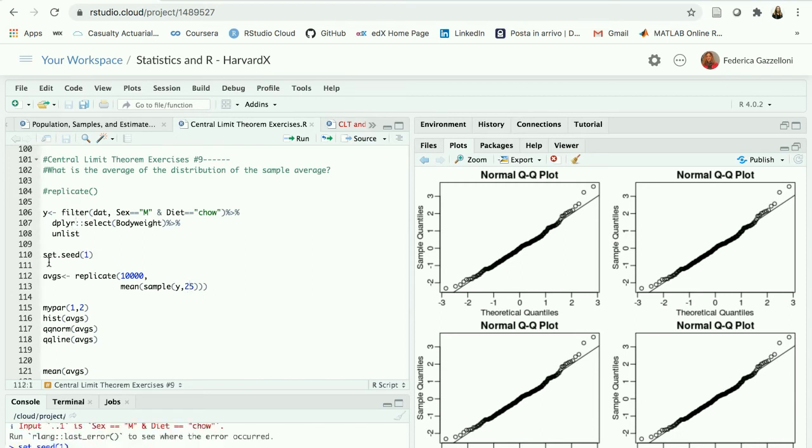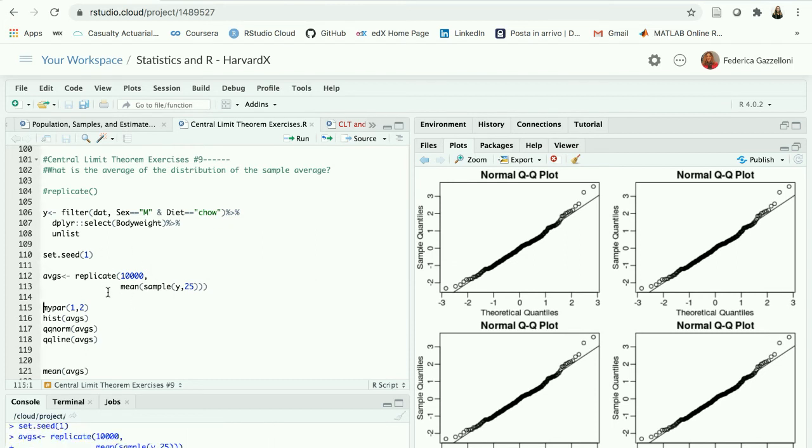I set the seed to 1 because I want these random numbers to be frozen just as replicated the first time. So they won't change if I run this bit again.